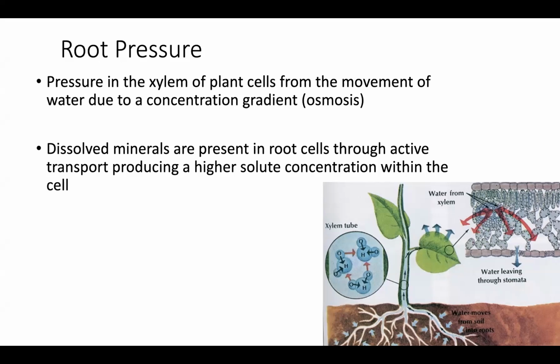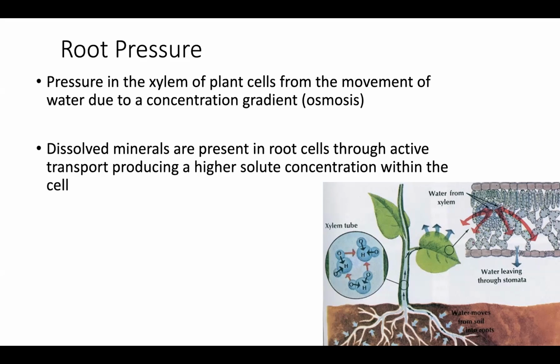So in the soil, in comparison to inside of the plant, there are going to be fewer minerals and nutrients. Okay, there are minerals and nutrients in the soil, but it's going to be a lower concentration than what is found in the plant.